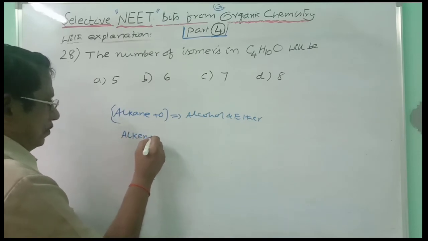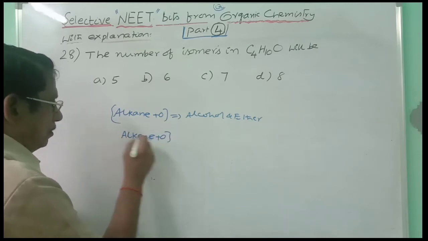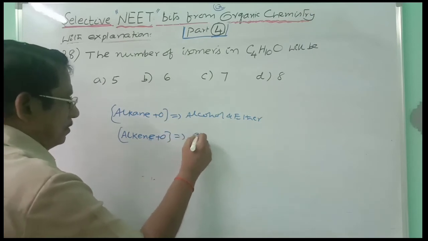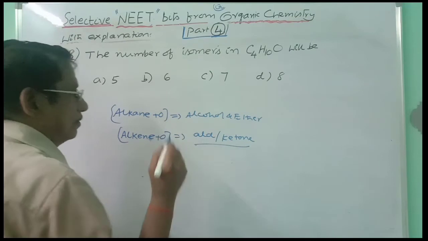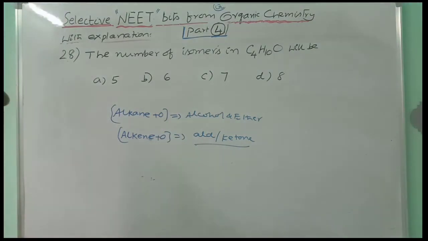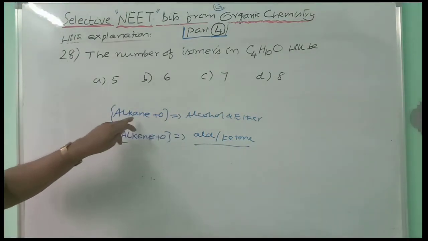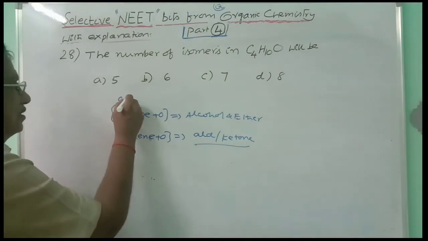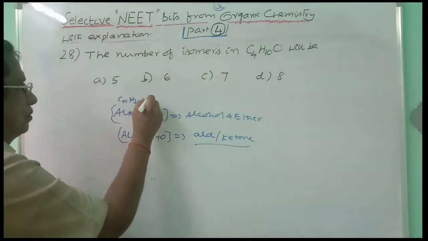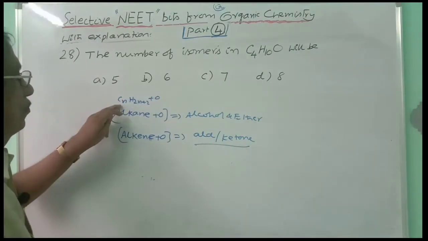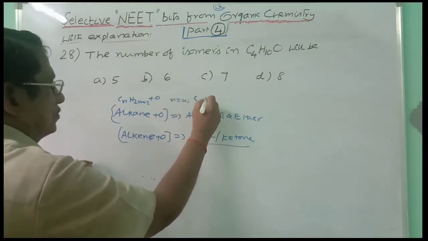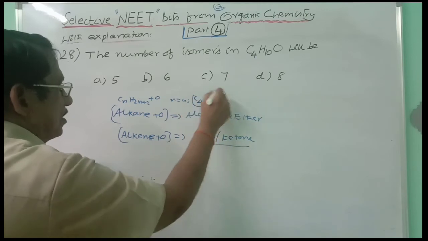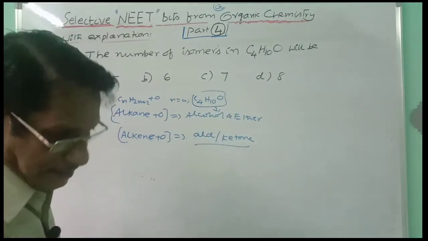Alkane plus O will be best suited for aldehyde and ketone. And so alkane plus O, here alkane means CnH2n+2 plus O. When n is equal to 4, put here C4H10O. So this formula is suited for alcohol and ether.